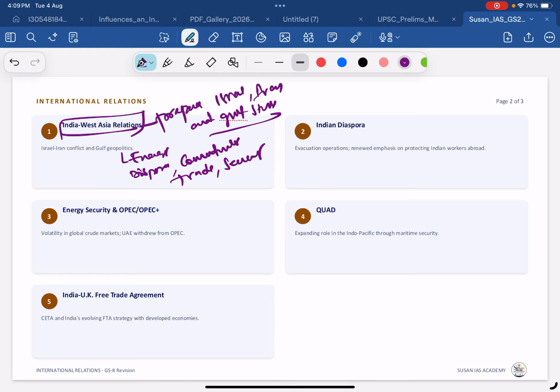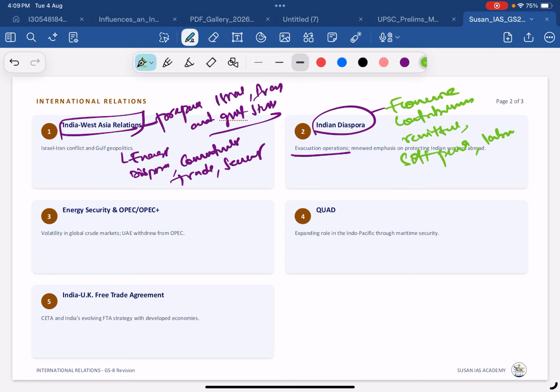Okay, and India's diaspora: an evacuation operation has been conducted. Prepare economic contribution, remittances, soft power, labor welfare, and diaspora diplomacy.